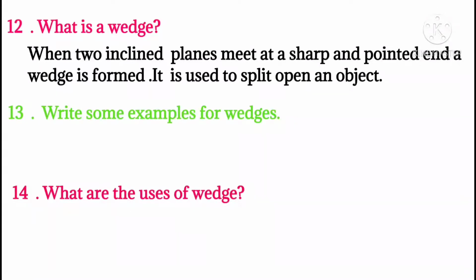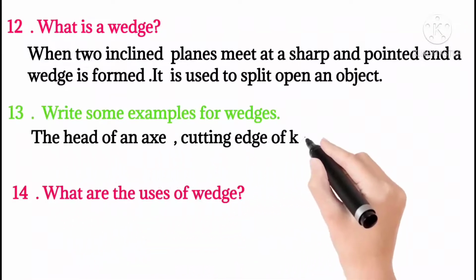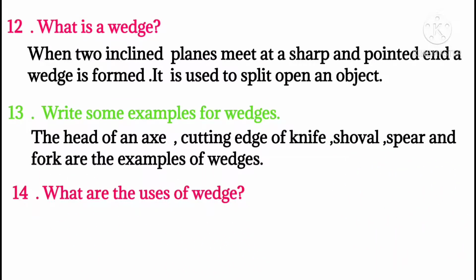It is used to split open an object. 13. Write some examples for wedges. The head of an axe, the cutting edge of a knife, shovel, spear, fork are examples of wedges.